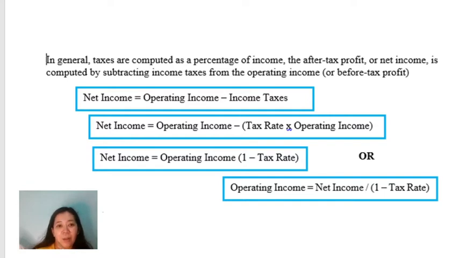The other way to determine the income tax is the second formula, tax rate times operating income. Or you can also solve it using the formula of 1 minus tax rate multiplied by operating income. Operating income is equal to net income divided by 1 minus tax rate. Either way, you can still arrive at the same answer.